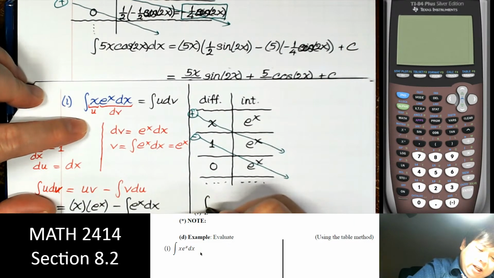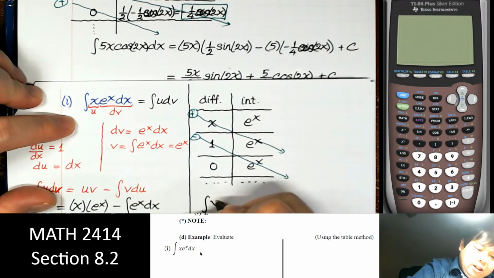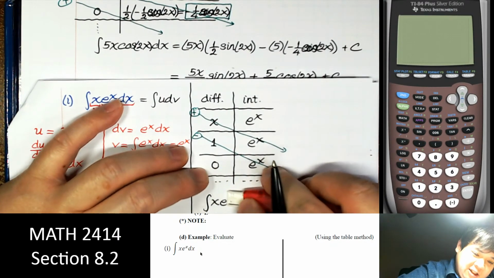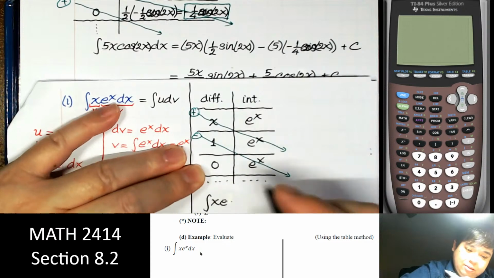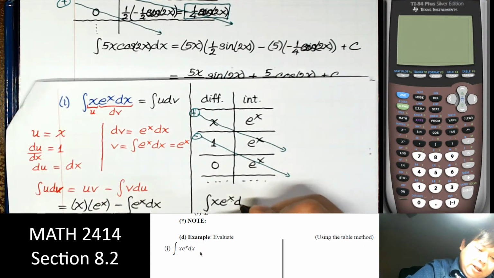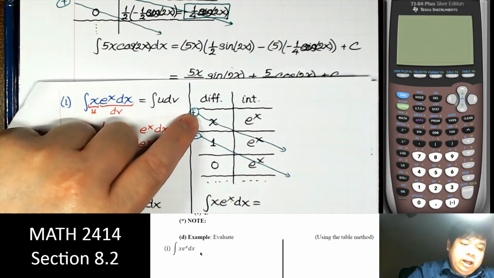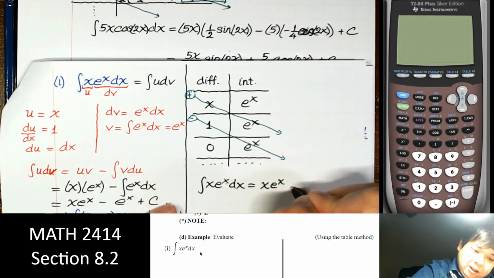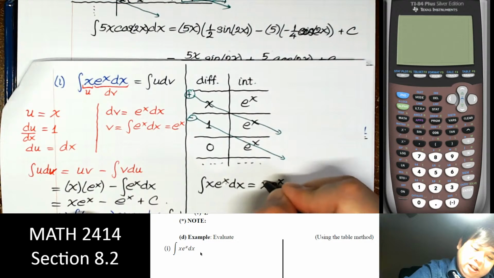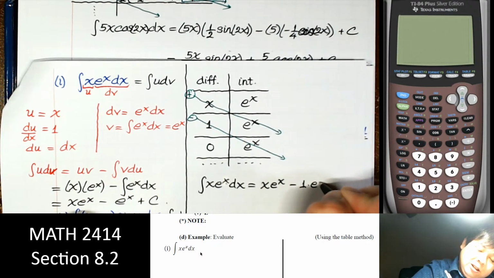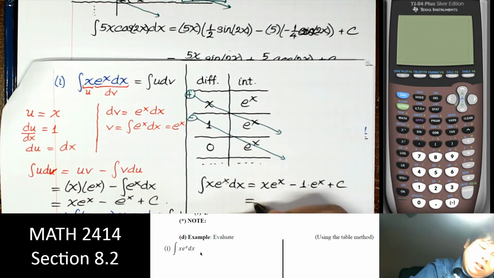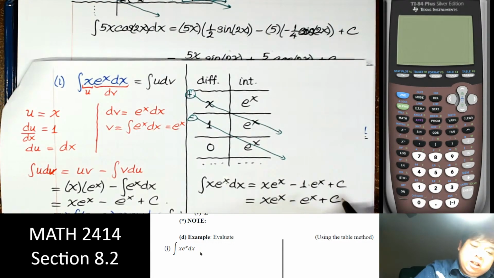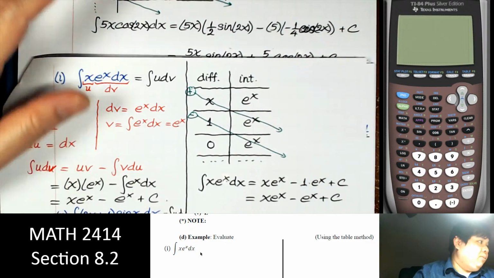So we have integral of x e to the x dx is going to be x times e to the x minus 1 times e to the x plus c, which is x e to the x minus e to the x plus c, which is exactly what we have here.